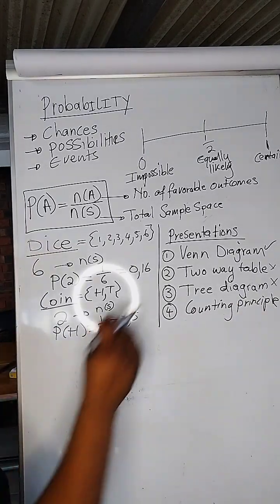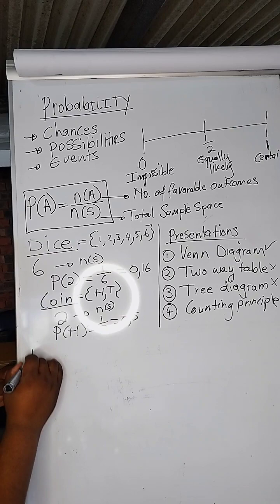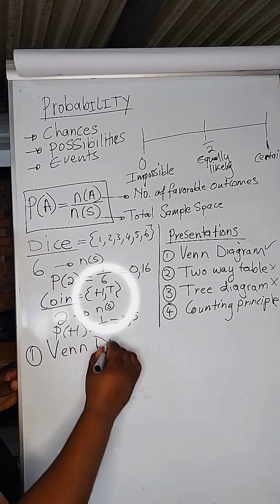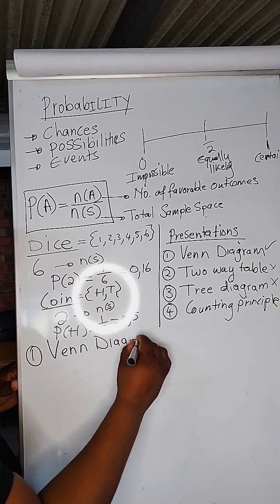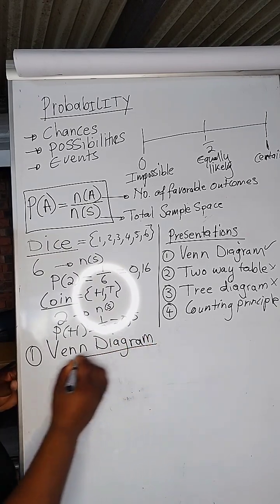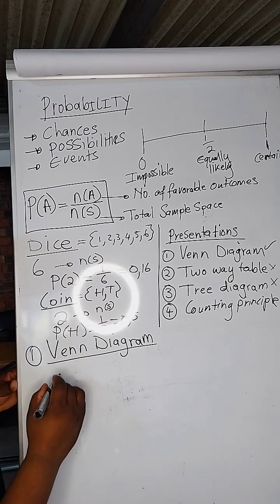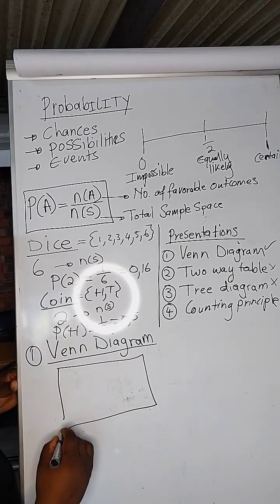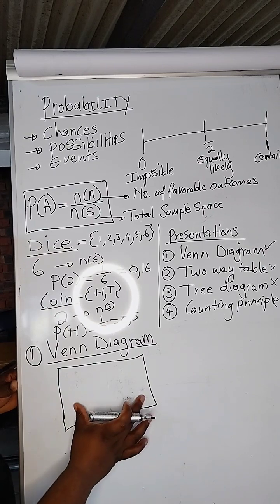Now, let's deal with this one. Number 1, a Venn diagram. Let's talk about the Venn diagram. A Venn diagram can be seen by this shape, which we know from measurements to be a rectangle.